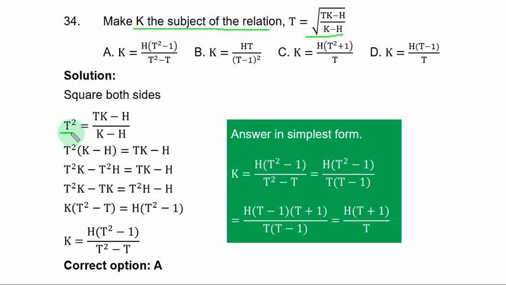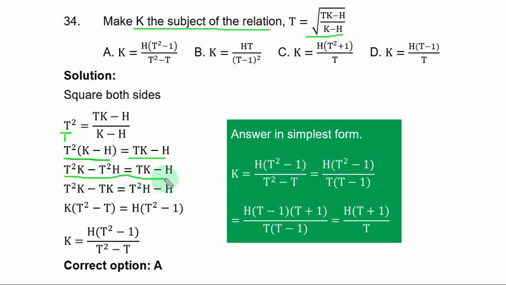You can write this over 1 and cross multiply. So you have K multiplying, T squared multiplying (K minus H) in brackets, equal to (TK minus H) times 1, which remains the same. So let's open the bracket on the left hand side, and you have this result equal to the right hand side.